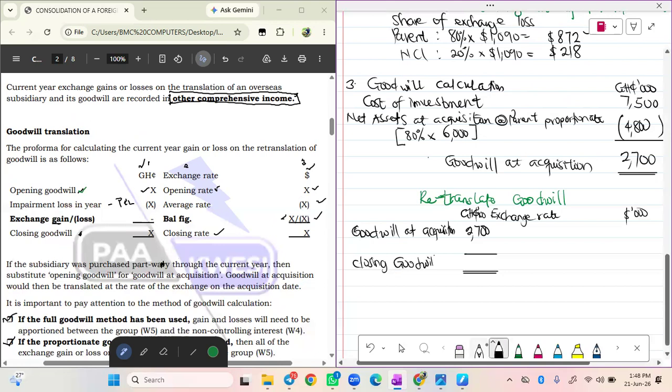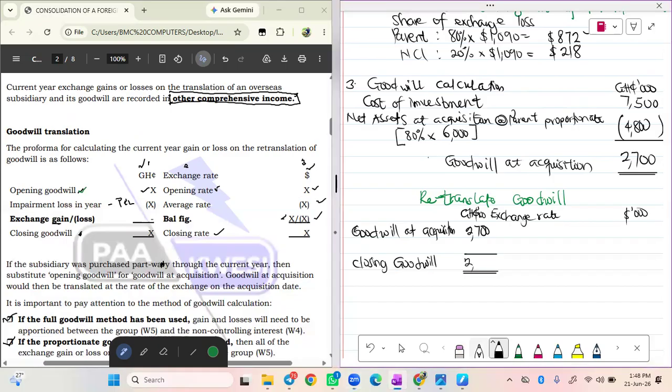Because there is no impairment, our goodwill at reporting will be the same as goodwill at acquisition. So opening goodwill and closing goodwill in this case will be the same thing. But when you are translating, changes will come in because of what? The rate. So now the difference will be the exchange gain or loss.